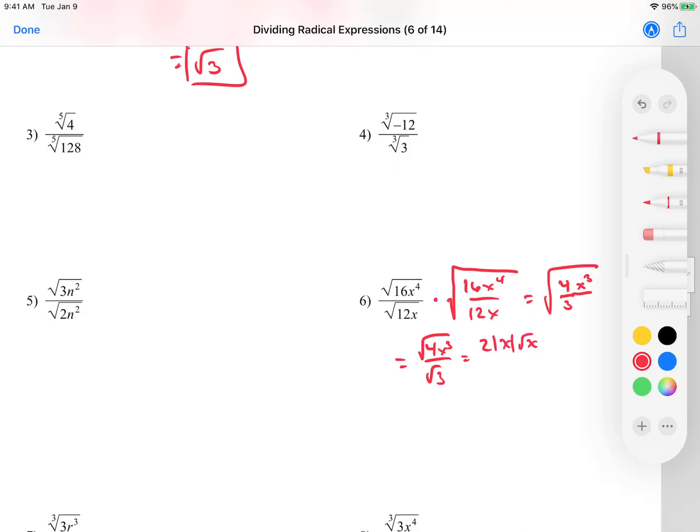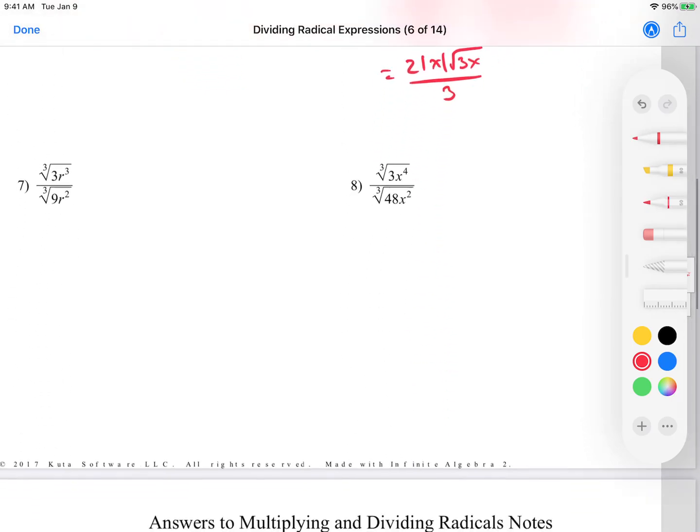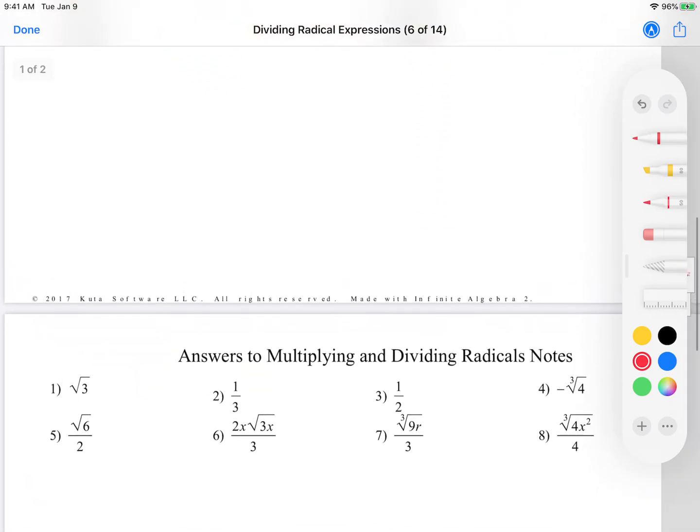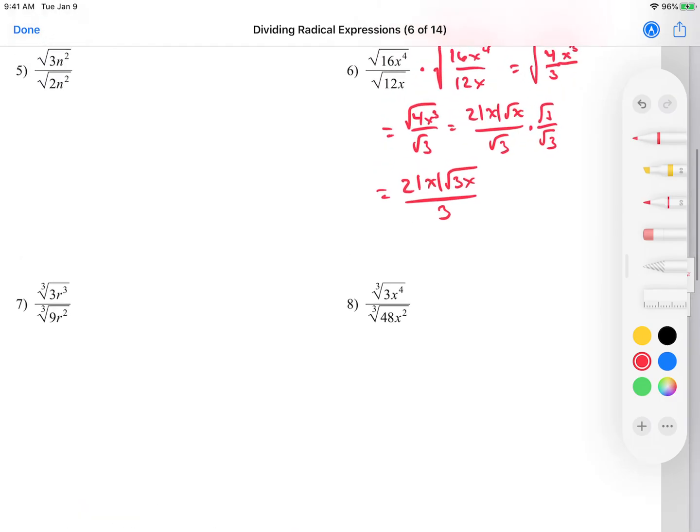Okay. Now I can just multiply by rad 3 over rad 3. And so I'm left with 2 absolute value of x rad 3x all over 3. And I think the answer for number 6 has 2x rad 3x over 3.